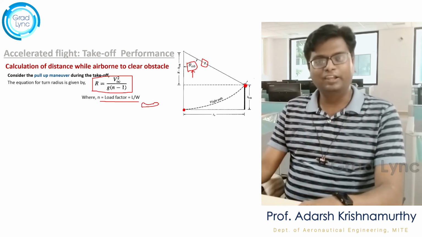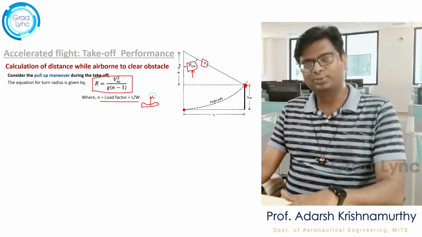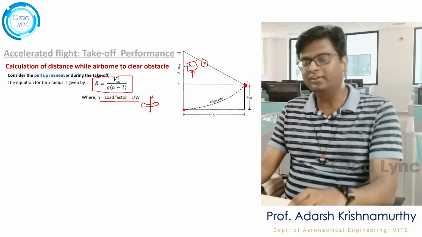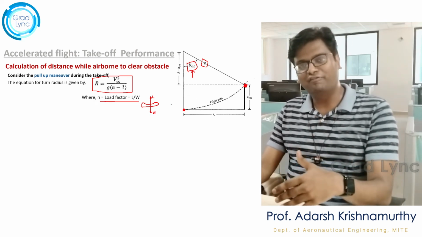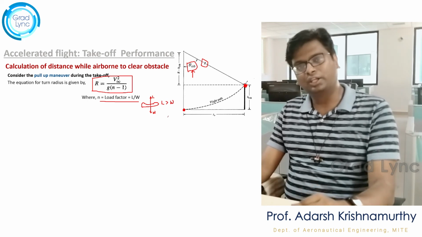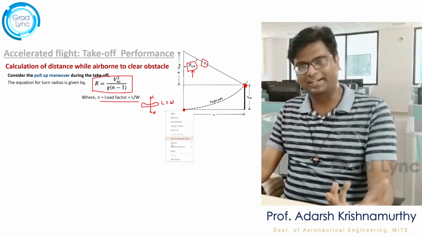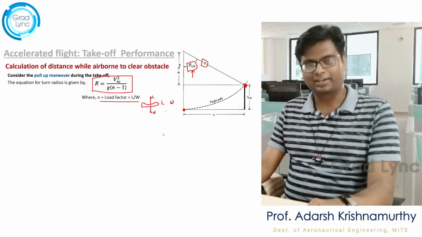Because I need lift to be greater than weight for the aircraft to lift off from the ground, isn't it? Correct. So lift should be greater than weight during takeoff, so I need load factor greater than 1. Whereas in cruising, the load factor would be 1. Why? Because in steady level flight, lift would be equal to the weight of the aircraft.